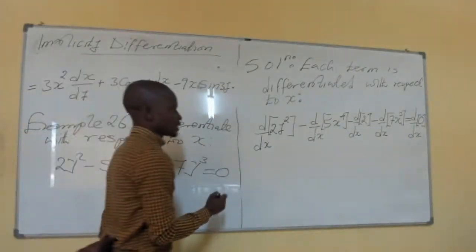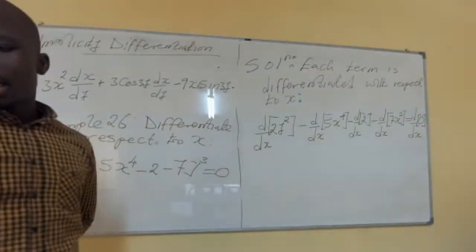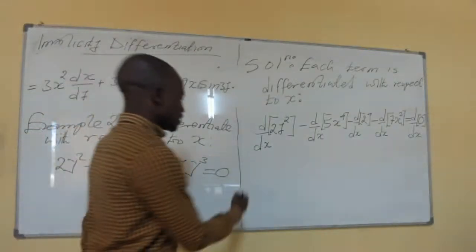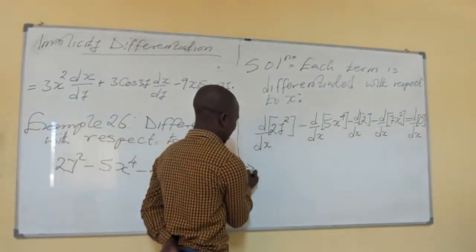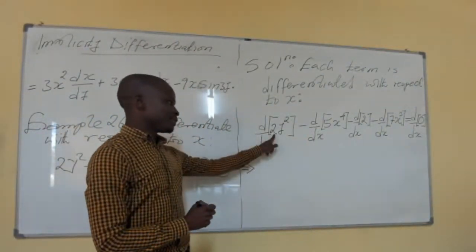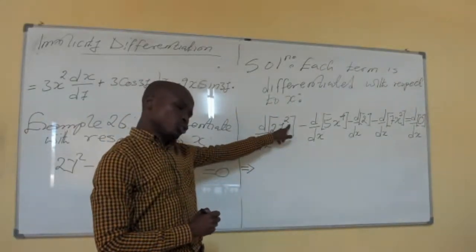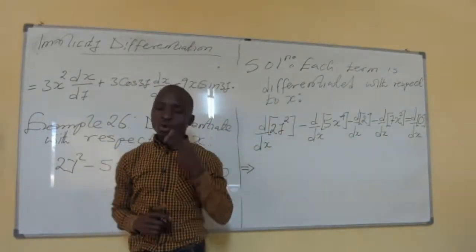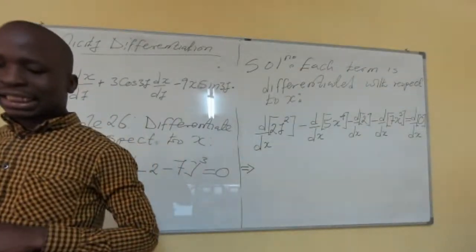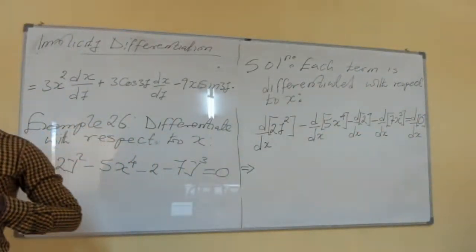After doing that, the derivative of y to the power 2 with respect to x, we are going to handle using implicit differentiation.